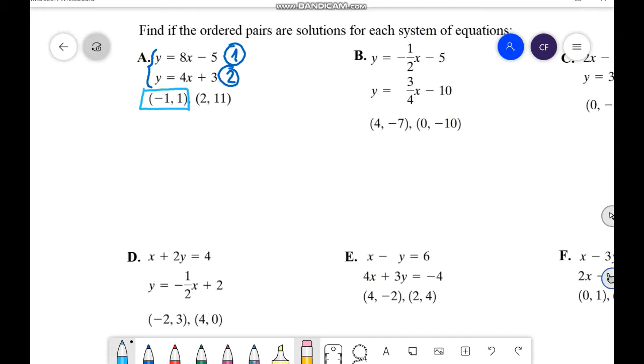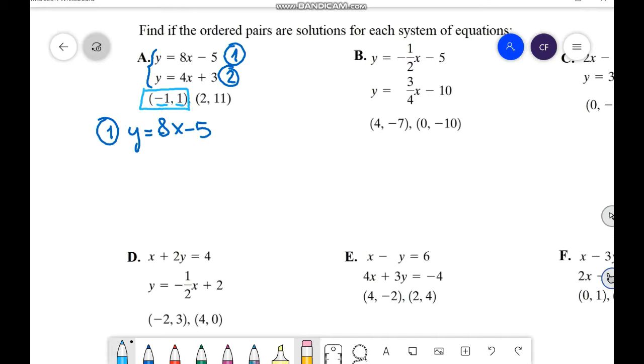Let's try the first ordered pair, x equals -1, y equals 1. So, equation number 1, y equals 8x minus 5. We will plug in x equals -1, y equals 1.